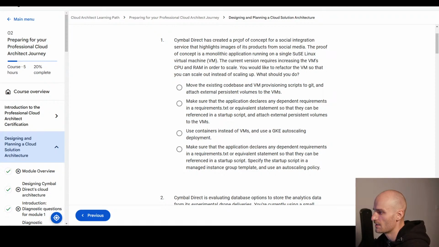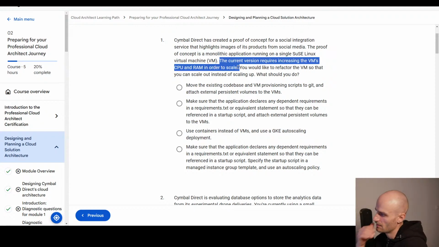Okay, so what we're being asked here: you would like to refactor the VM so you can scale out instead of scaling up. What does scaling out instead of scaling up mean?